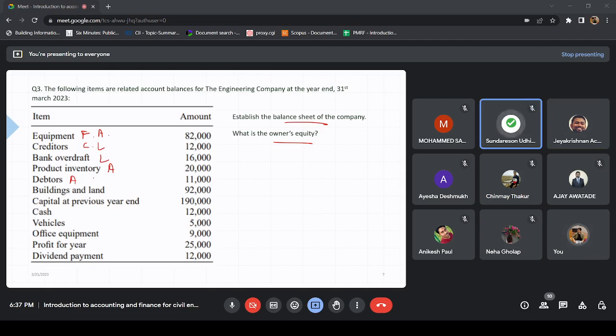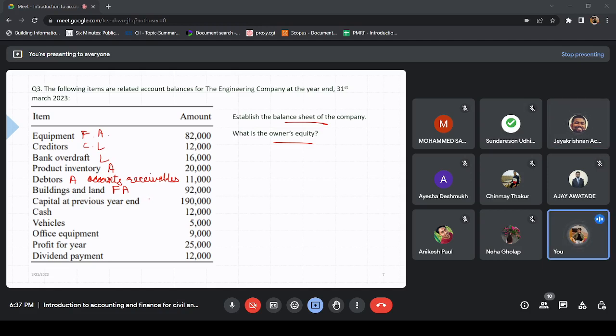You can call debtors by another name: accounts receivable. This is something that you have to receive. Buildings and lands are fixed assets, right? Fixed assets. Capital at the end of the previous year, assets only.